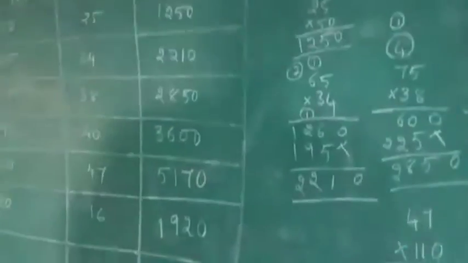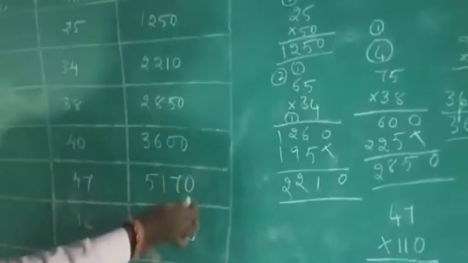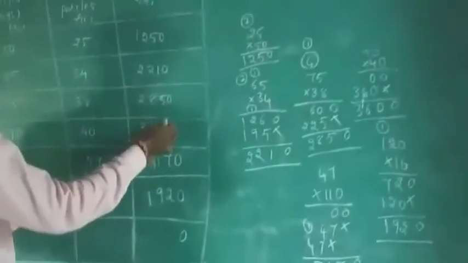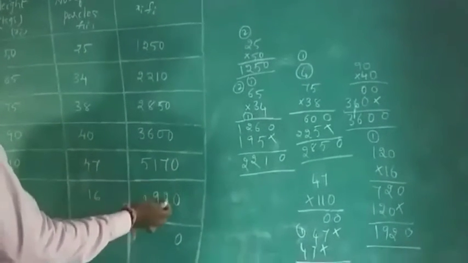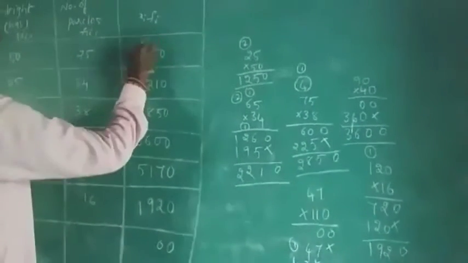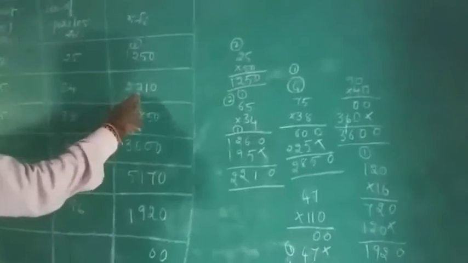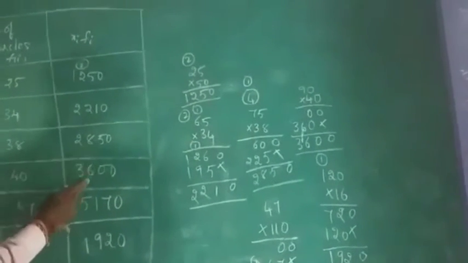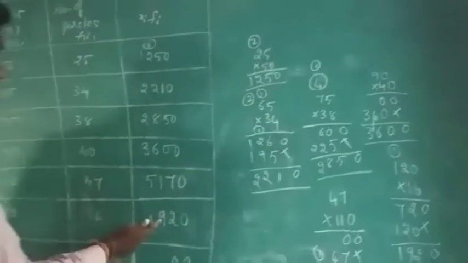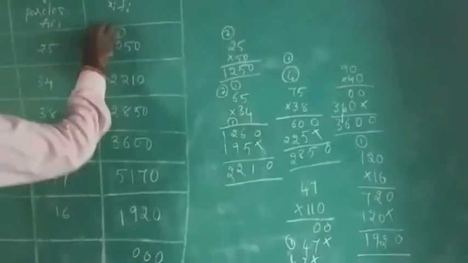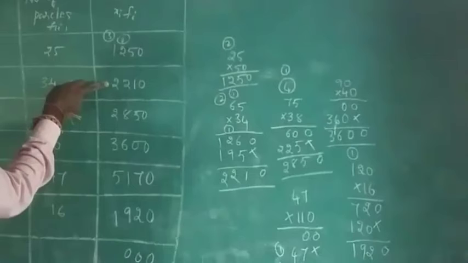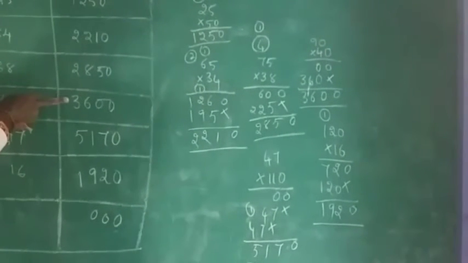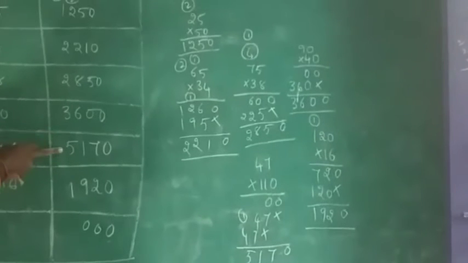Once done, add everything. The 0s add to 0. 5 plus 1 is 6, 6 plus 5 is 11, 11 plus 7 is 18, 18 plus 2 is 20. 2 carry, 2 plus 2 is 4, 4 plus 2 is 6, 6 plus 8 is 14, 14 plus 6 is 20, then 30. 3 plus 1 is 4, 4 plus 6 is 10, 11 plus 5 is 16.